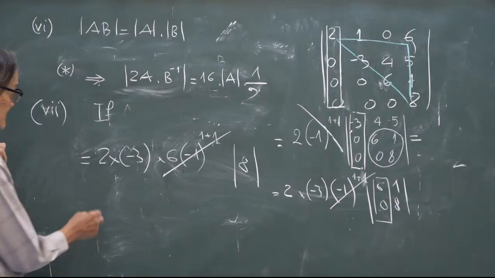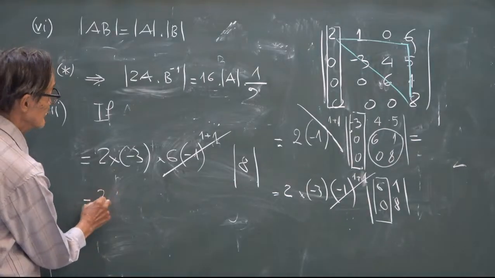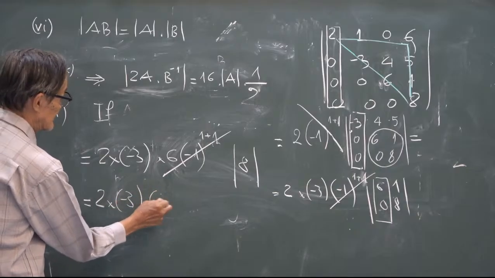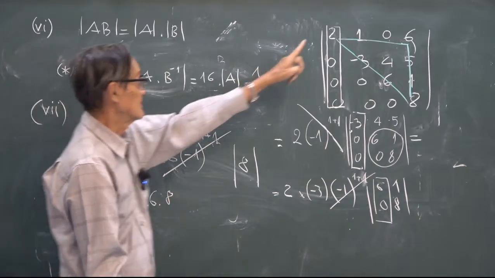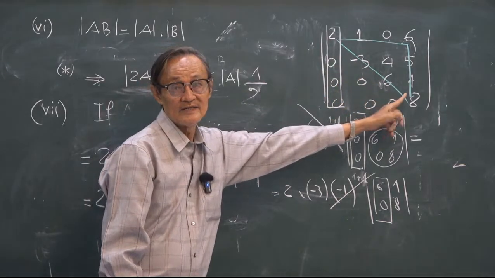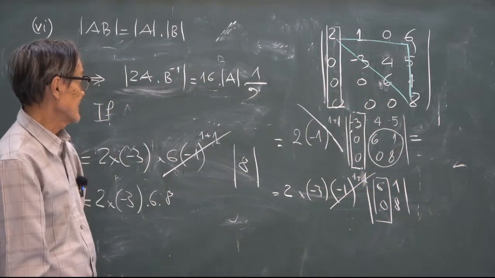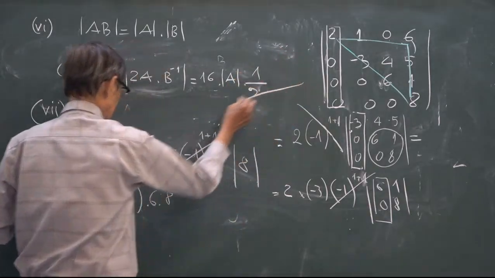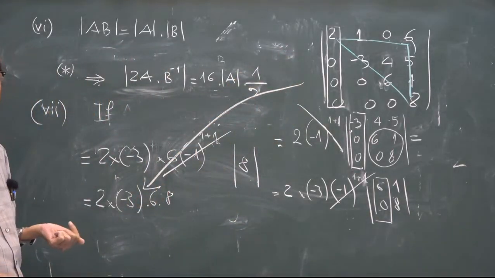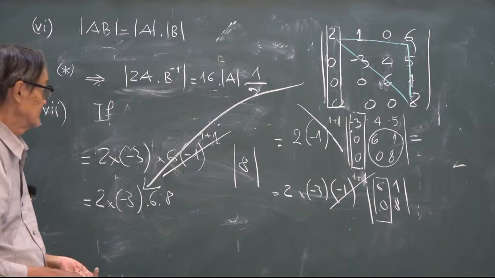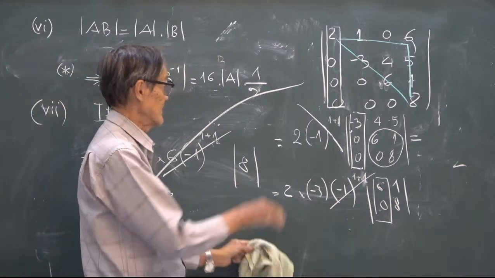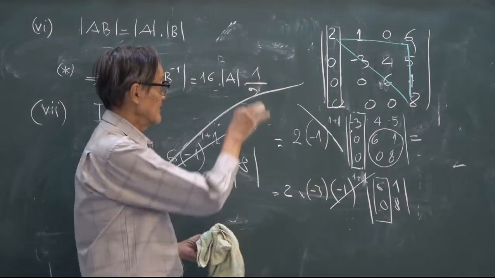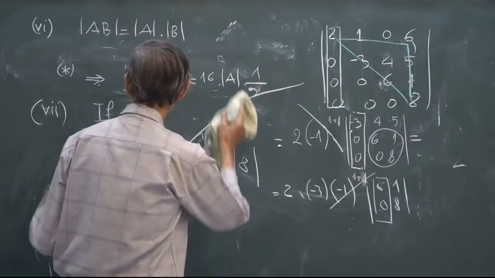So we have 2 minus 3, 6, 8. Later, if you see this, you can write directly, no need for the rule: the product of each element on the main diagonal.